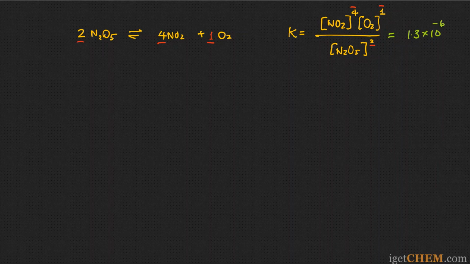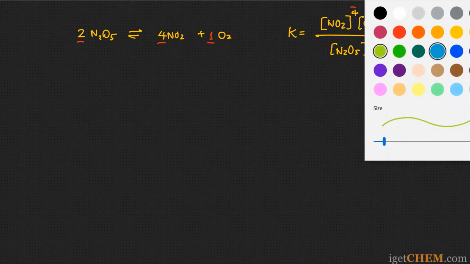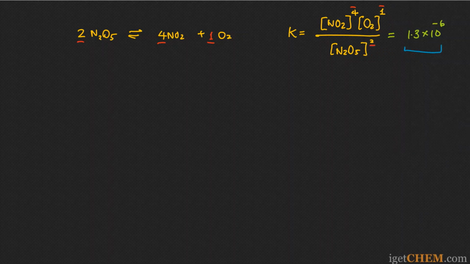So before we set up the calculation, you can see that the value for this equilibrium constant is quite small. What that really means, because the equilibrium constant is essentially the product concentrations over the reactant concentrations, is that if the value for K is really small, the numerator for this expression must be small compared to the denominator. Because of that, the extent of this reaction is actually quite weak.